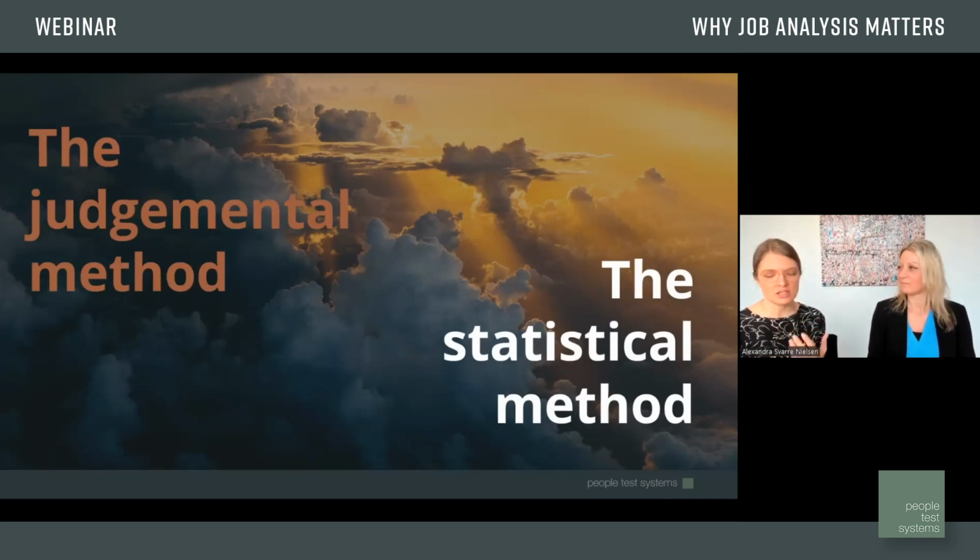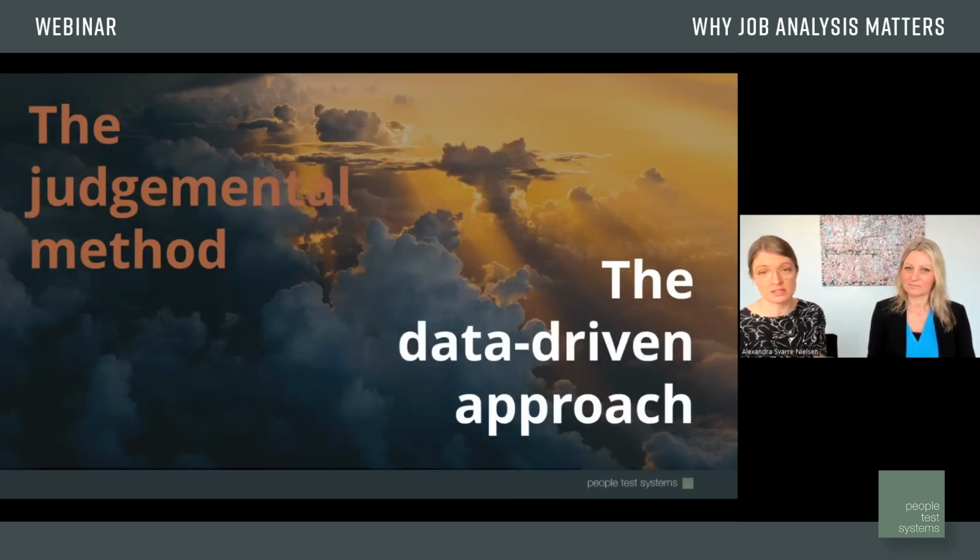The reason it's better is because it's data driven, and it makes sure that our biases aren't the most important part of the decisions that we make. This doesn't mean that we just screen candidates and look at a number, because our complex knowledge and understanding of each candidate is still really important.